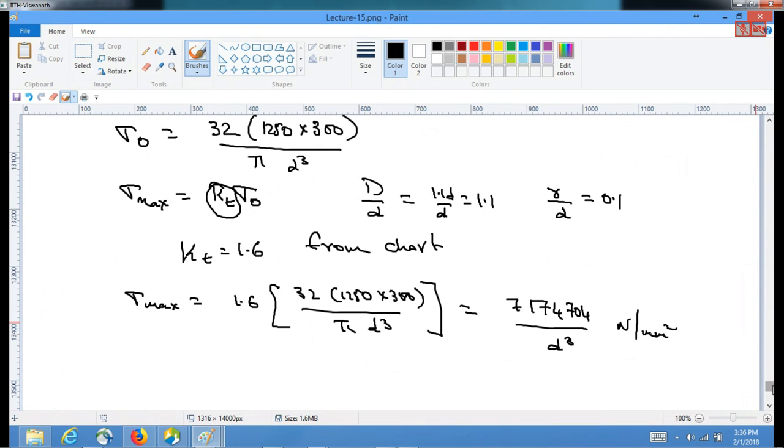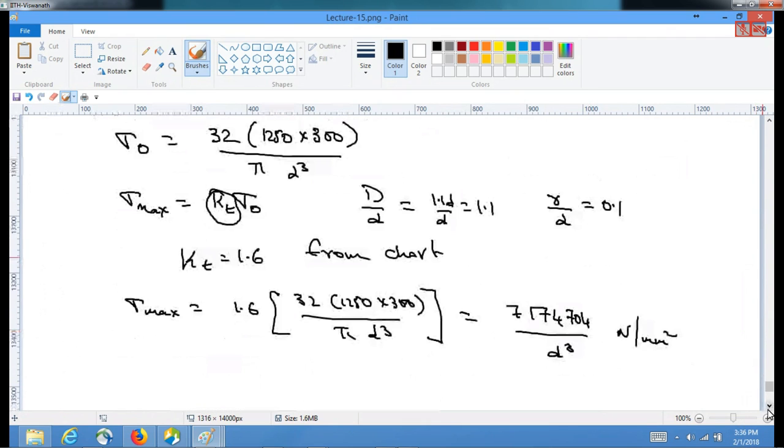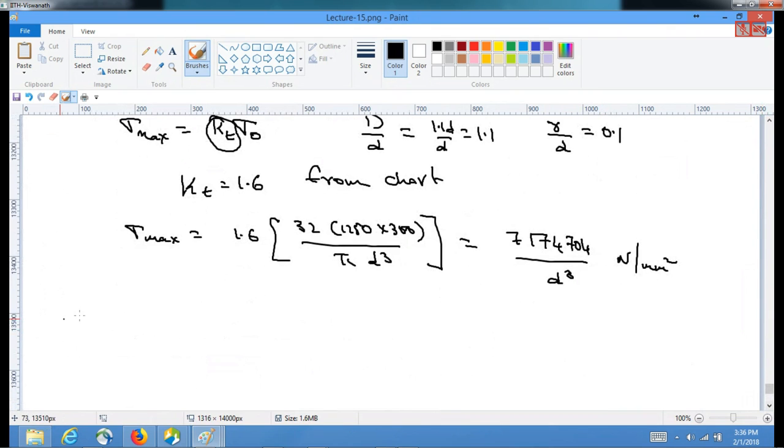If you look at both the stresses, this numerator is less than this numerator, so the critical section is the second one, which is at the fillet radius. So sigma max at the fillet dictates as the critical section out of both, which is 7174704 divided by d cube, equal to 100.